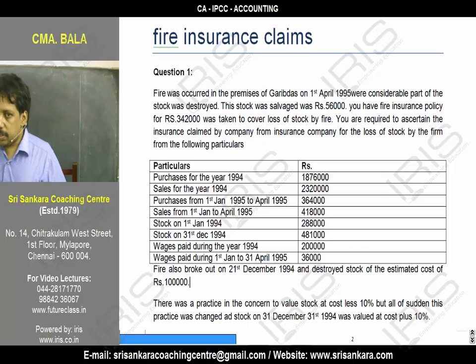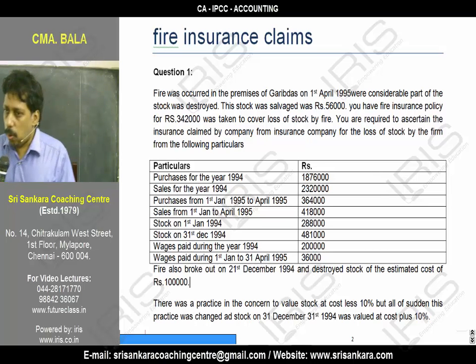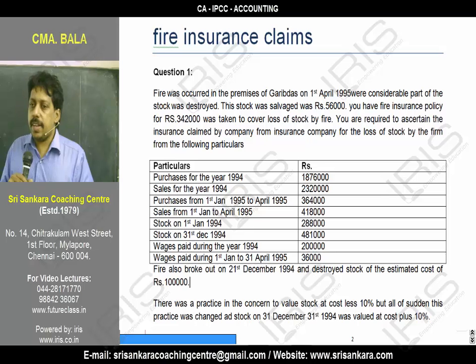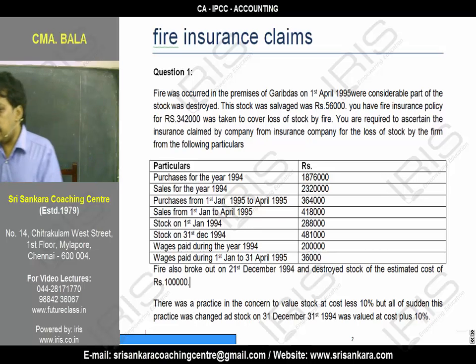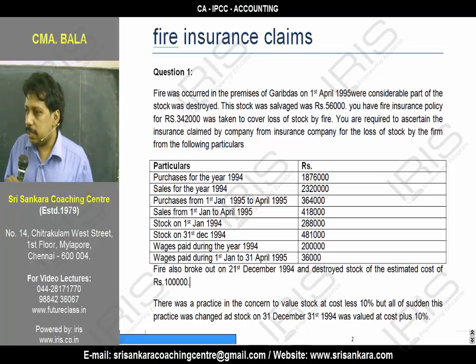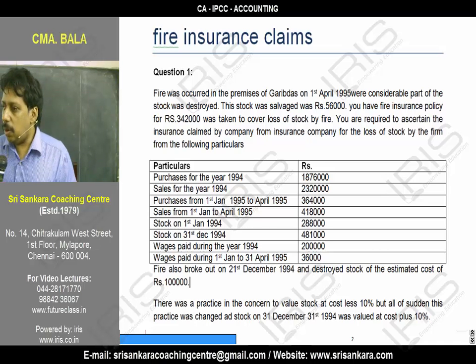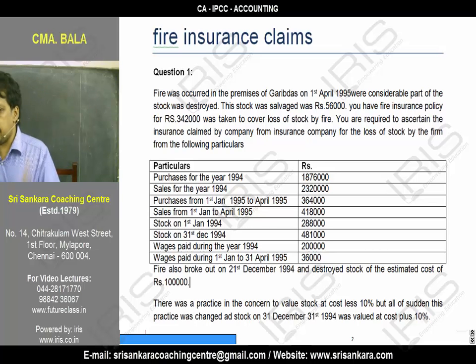Cost of goods available for sale. Let us say of this 1,10,000 you sold goods costing rupees say 90,000. So what is the balance left? 20,000 goods. Exactly. So these are goods unsold. That should have been the stock on the date of fire. It's like that.